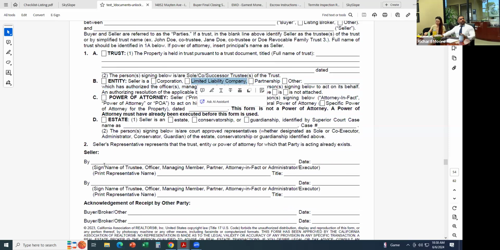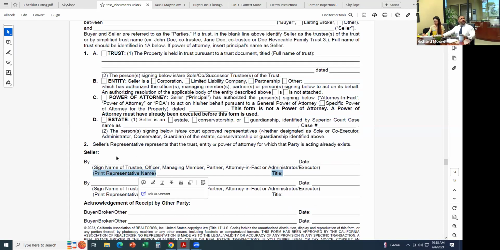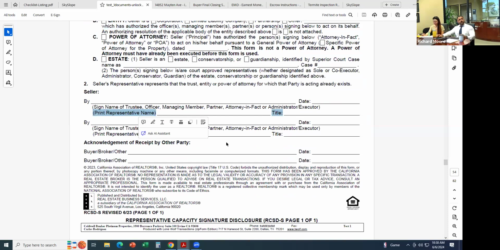And then down here, you're gonna write the name of the person that can sign on behalf of that LLC and what their title is. And then it's gonna require the signature. So anyway, if it's the seller that needs one, the seller's gotta fill one out. If the buyer needs one, the buyer fills it out. But in most cases, the seller is gonna use this. And again, this is if applicable, so this will be provided by the listing side.